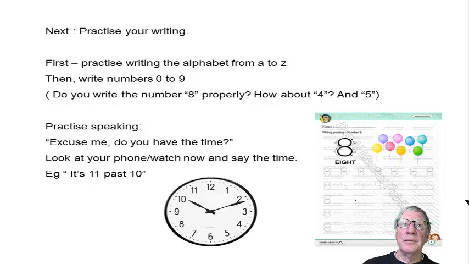Actually, the numbers on the bank checks have to be written very clearly, but numbers always need to be written clearly. So practice the number 8 properly, not just 2 circles.